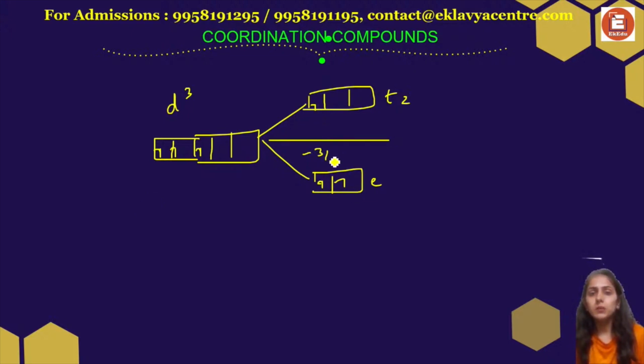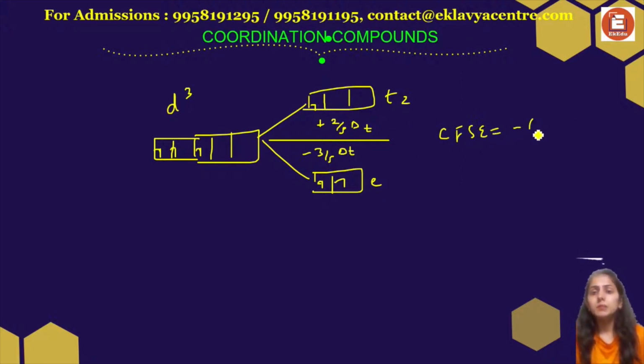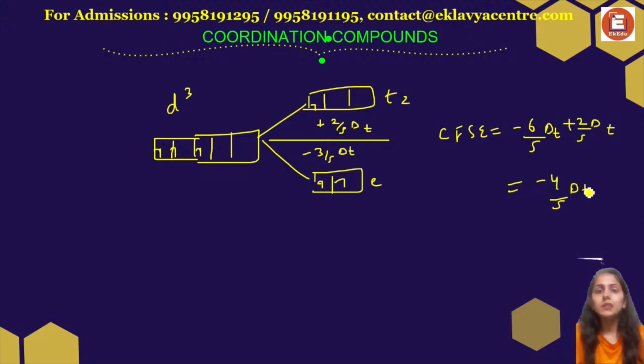This is minus 3 by 5 of del T plus 2 by 5 of del T. So CFSE for d3 is minus 6 by 5 of del T plus 2 by 5 of del T. It will be minus 4 by 5 of del T.